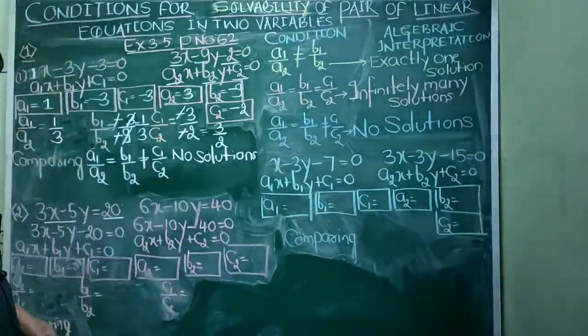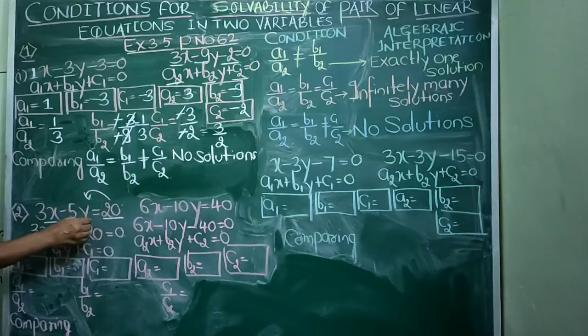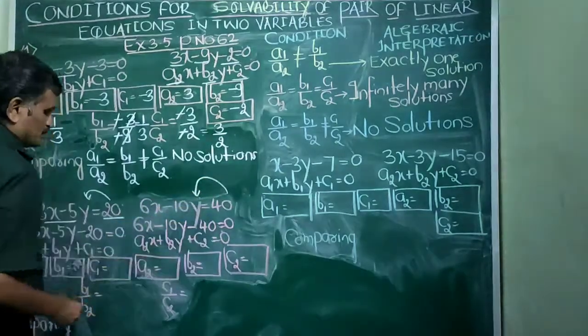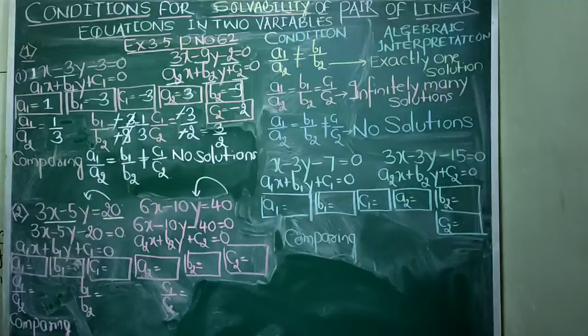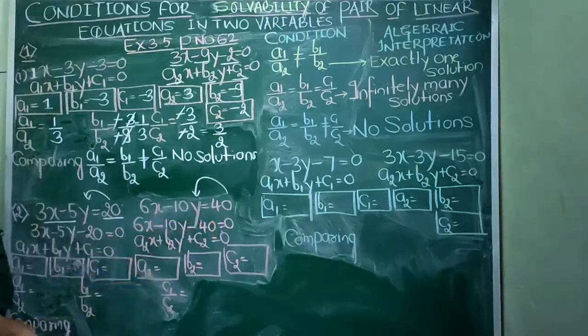So to put it in the standard form, I have transposed this plus 20 to minus 20, and plus 40 to minus 40. Now it is converted into the standard form.